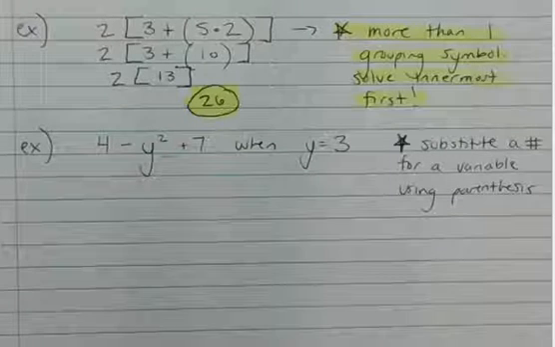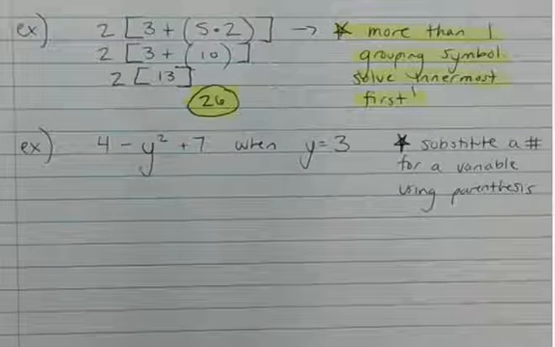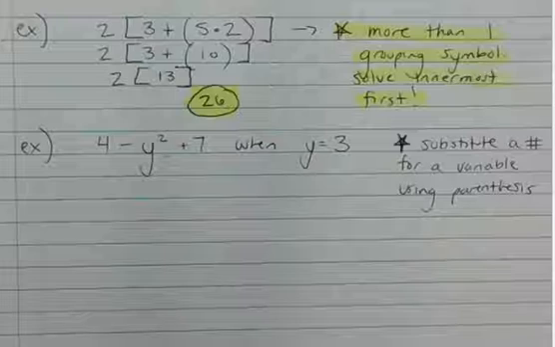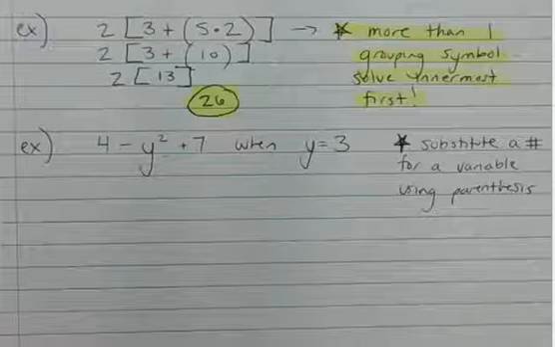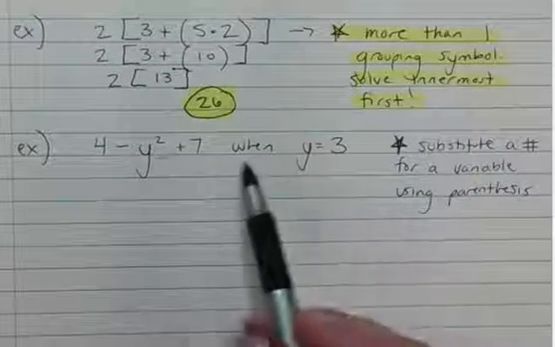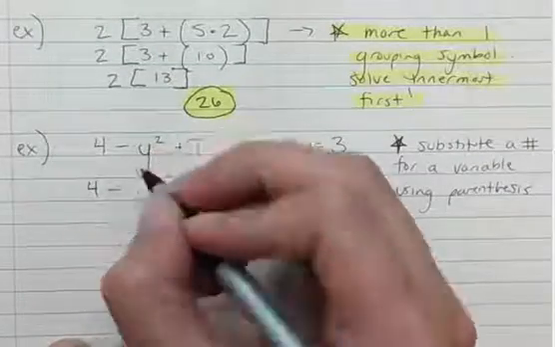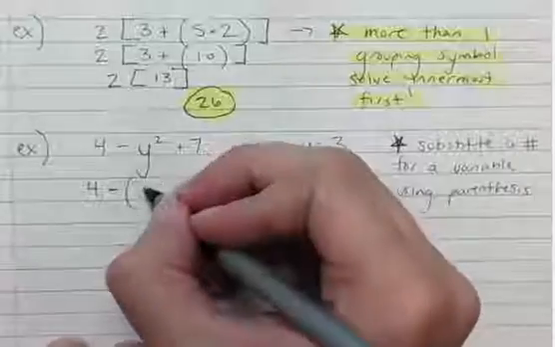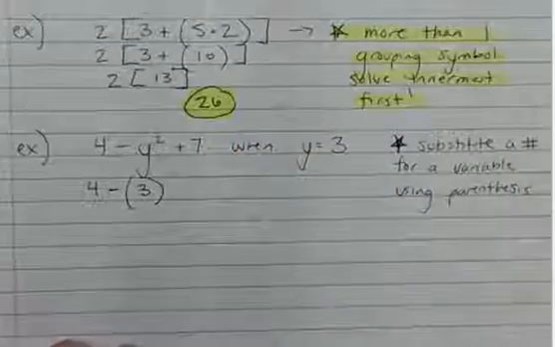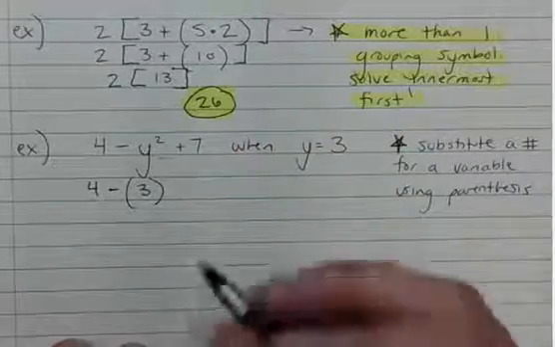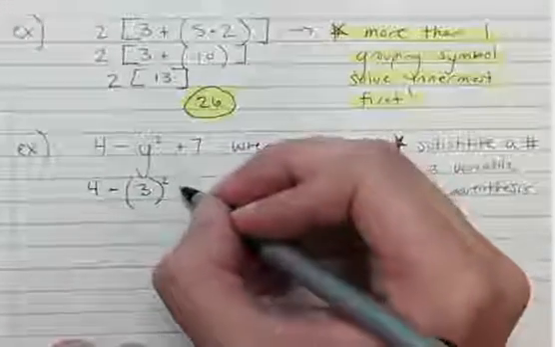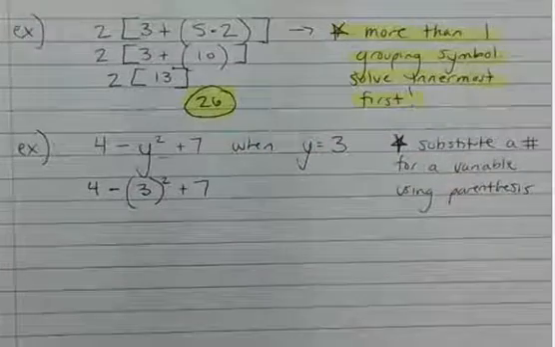That's huge when we get into exponent rules. So if I have this problem, whenever there's a y, I have to put a 3 in place of it. So 4 is fine. I'm going to bring down that subtraction sign. I'm going to substitute a 3 in parentheses for the y value. That's squared, and I'm going to bring down the plus 7.